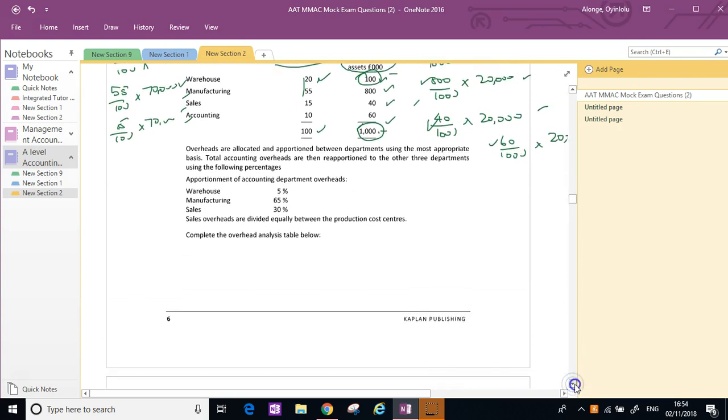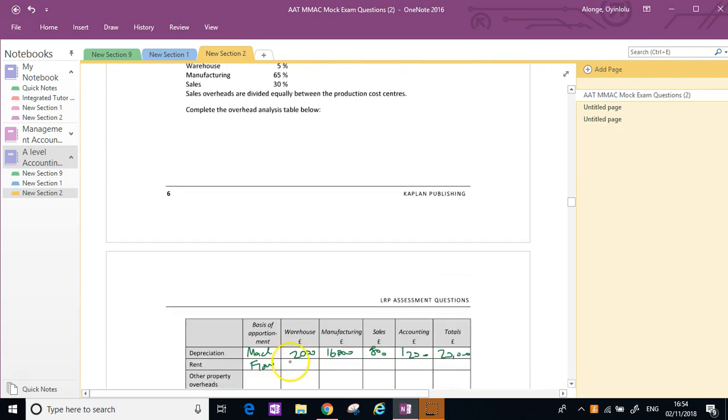Doing that gives us answers of, in the warehouse 14,000, in manufacturing 38,500, here 10,500, here 7,000, and add those together, that gives you 70,000.